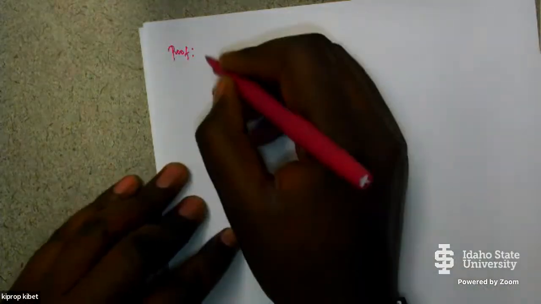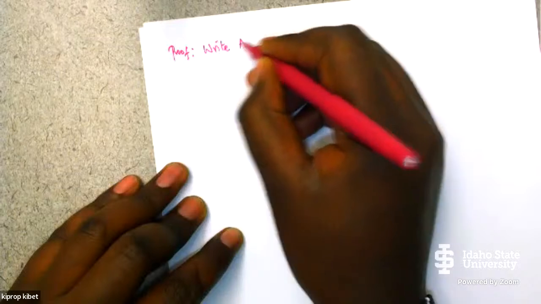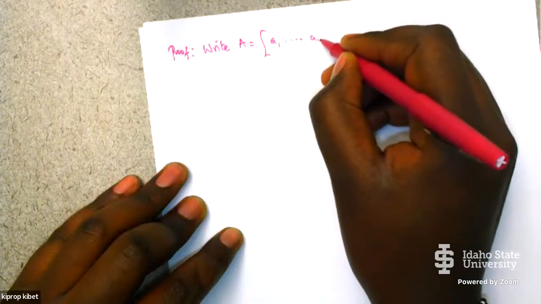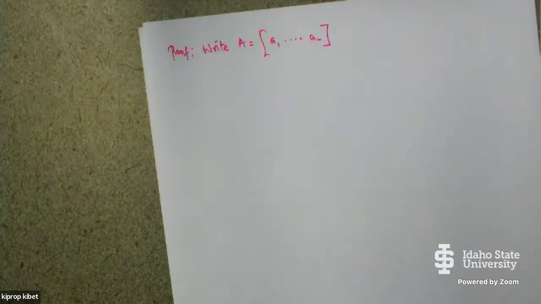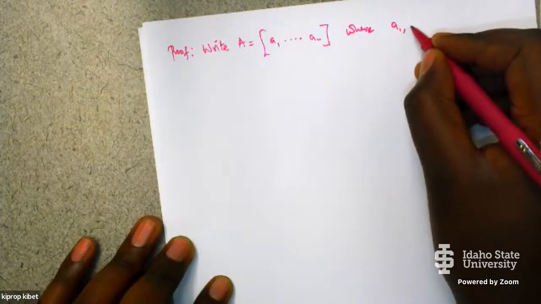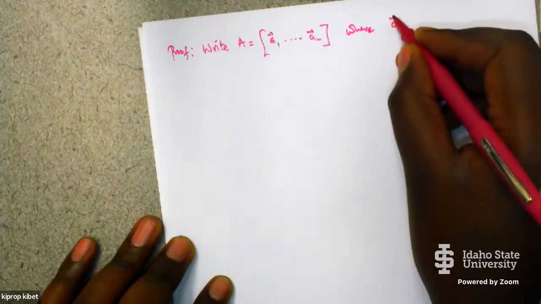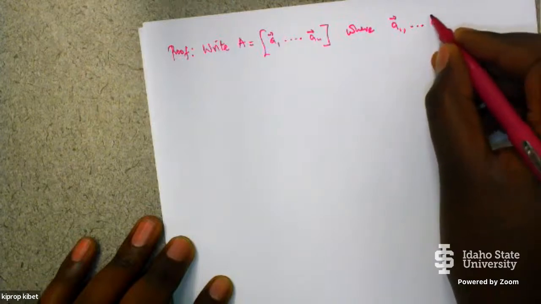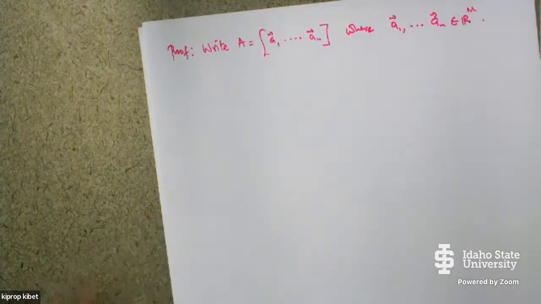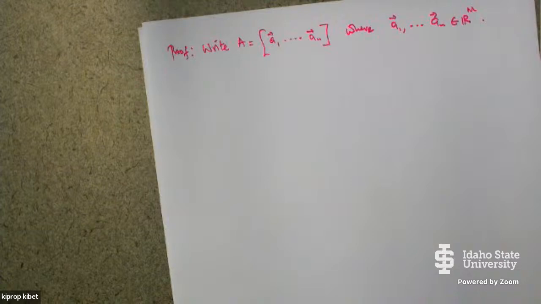So if we write A to be equal to the vectors A1 all the way to An, these are the column vectors of A, A1, A2, A3, up to An, which are elements of Rm.